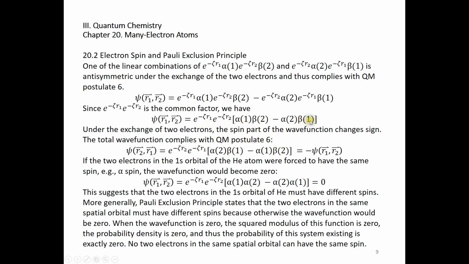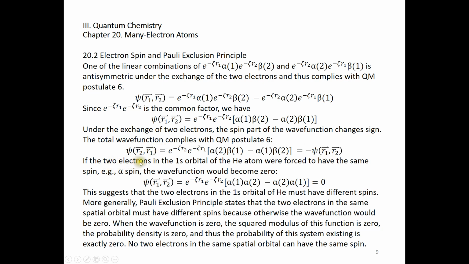Now let's compare this wave function and this wave function after the exchange. The two exponential functions here are the same as before. But now look at the spin part. Negative alpha 2 beta 1 becomes positive alpha 2 beta 1. Positive alpha 1 beta 2 becomes negative alpha 1 beta 2. Now we changed the sign.